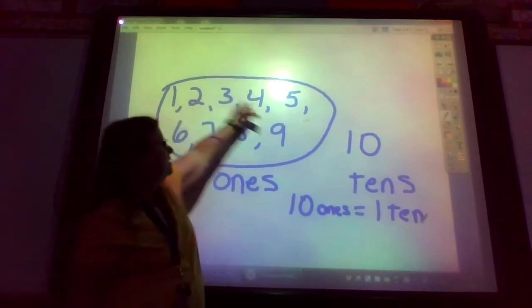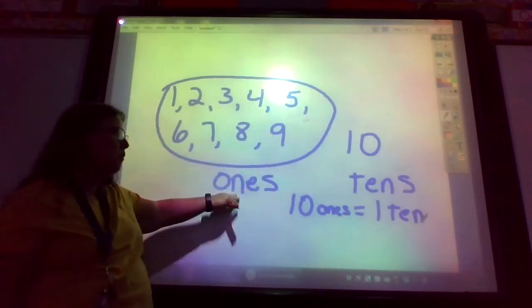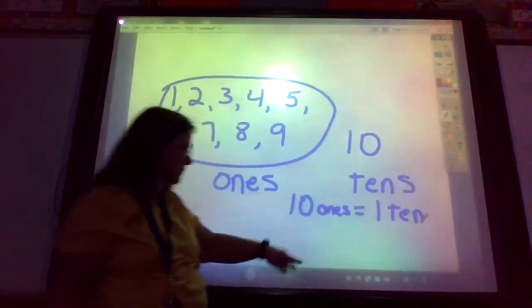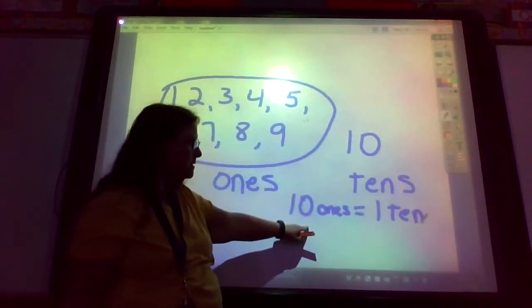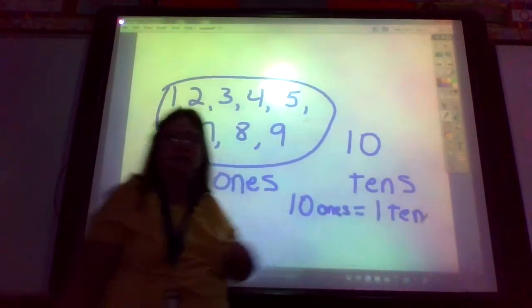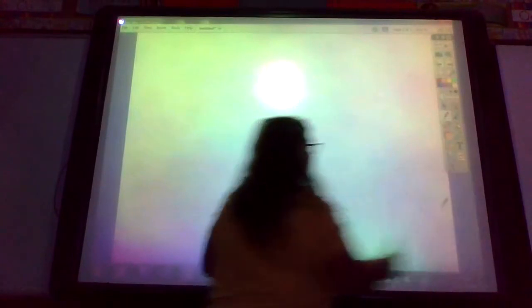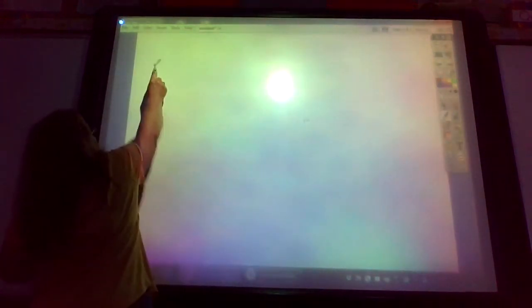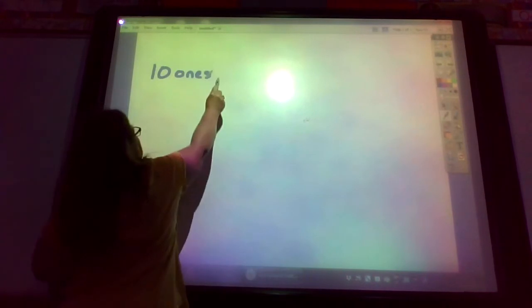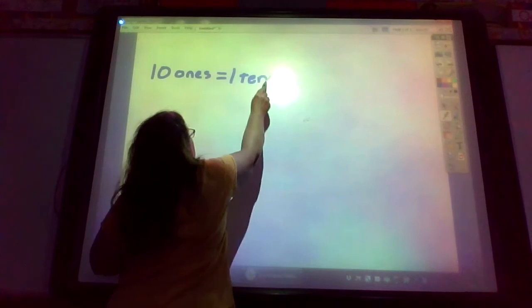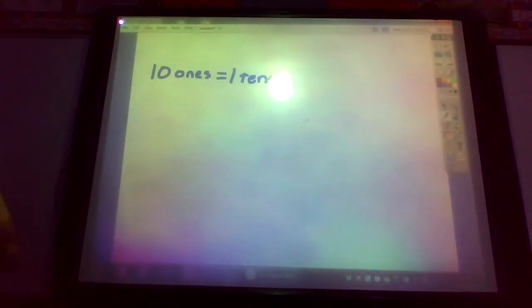Any of these numbers by themselves, they are ones. Once I get to a 10, I have 10s numbers, and 10 1s equals that 110. Okay? Well, I'm going to erase this, and I'm going to write that up here. 10 1s equals 110. Okay? 10 1s equals 110.